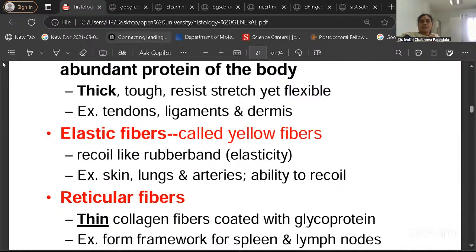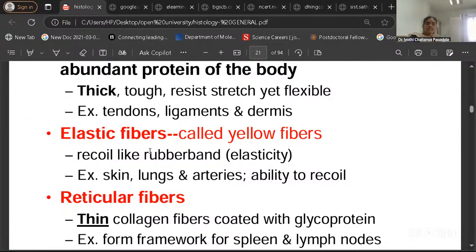These elastic fibers recoil like a rubber band, which shows the elasticity that allows them to stretch. You can see yellow fibers in the skin, and they are also useful for lung expansion and contraction. So you can see elastic fibers in lungs and heart arteries. They have the ability to recoil.